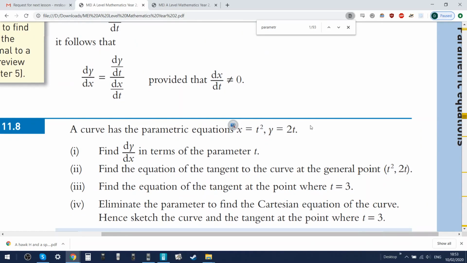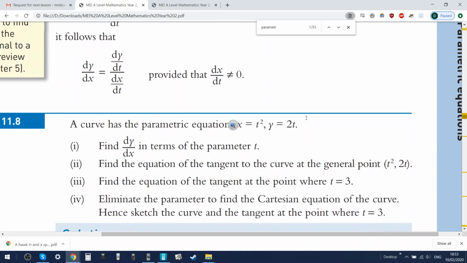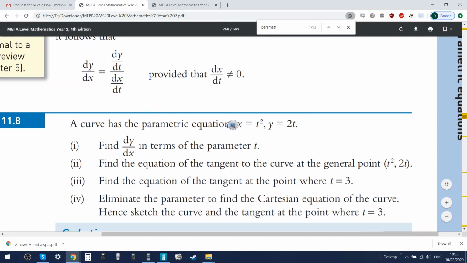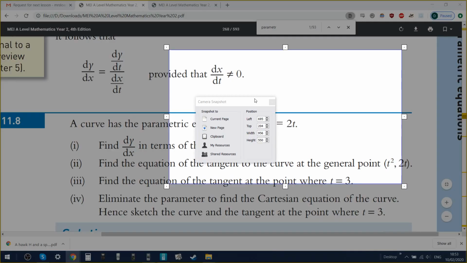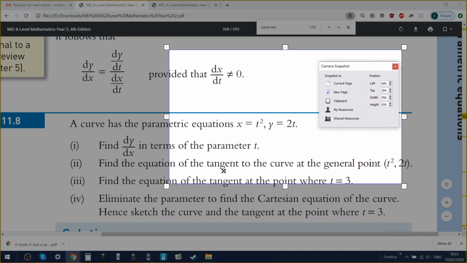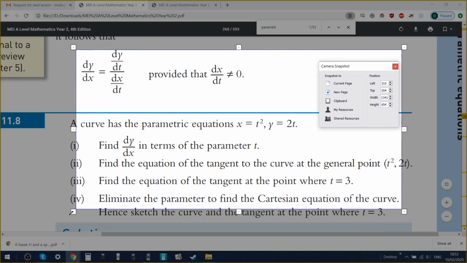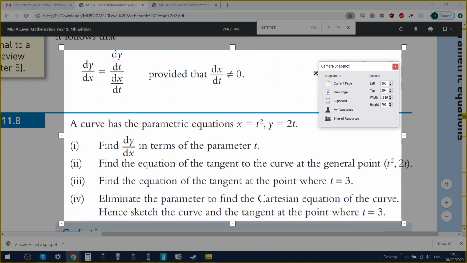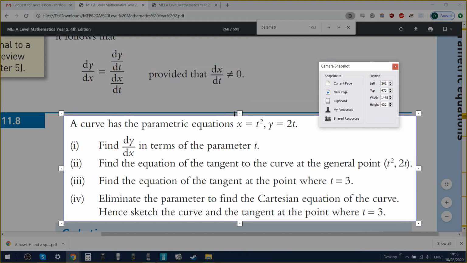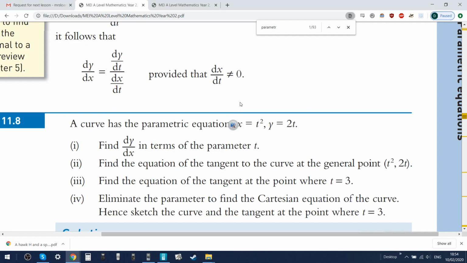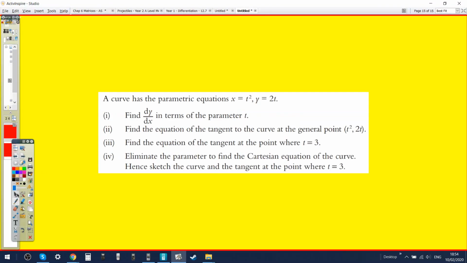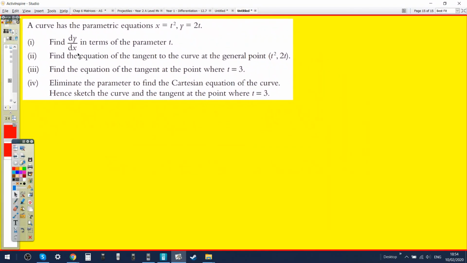So what would be dy by dx for this one? There are two equations. Would you do both of them? Differentiate both of them? Yeah. But it's literally like the derivative of the y over the derivative of the x.